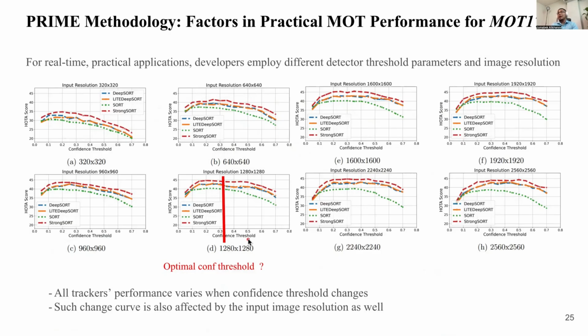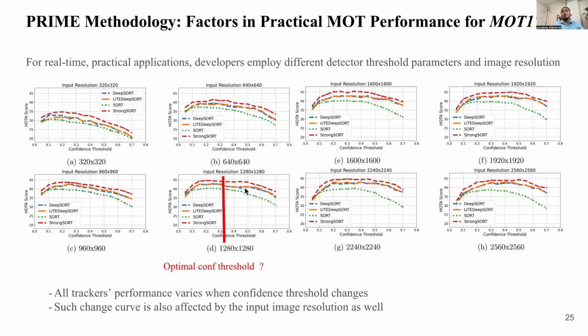This is biased, because if you cut here, maybe this yellow is better than the blue tracker. But if you cut here, maybe blue is better, right? If you cut here, maybe again yellow is better. Of course, this is better by only a small percentage, but those small percentages are seen as improvements in the community if you look at multi-object tracking results.